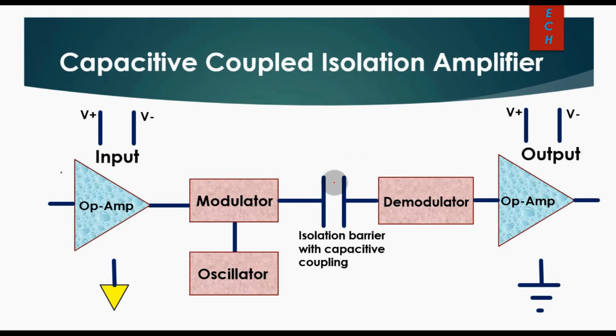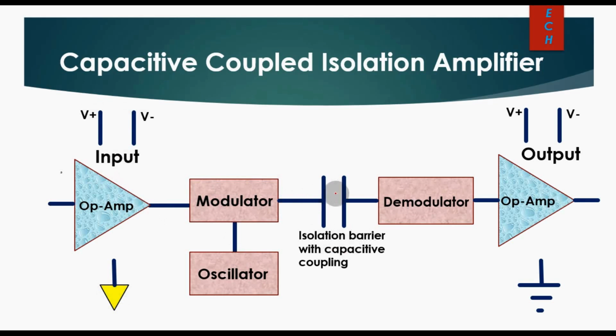So let me explain the blocks. This is operational amplifier. Okay, here is your input. So this is your operational amplifier, and the power supply for this input stage is V plus, V minus, and this is the ground. This is the separate ground. Then we have modulator, then we have oscillator, then we have a capacitive coupling isolation barrier with capacitive coupling.